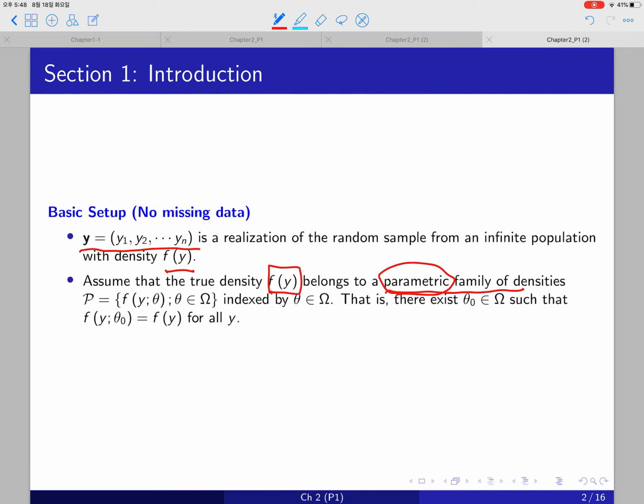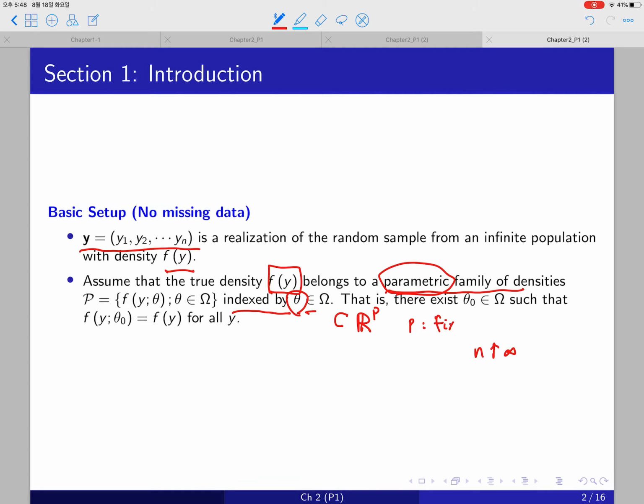It means that it's indexed by a parameter with a fixed dimension. Later we will allow n to go to infinity. We increase n, but the dimension of the parameter space will still be p, and p is fixed.